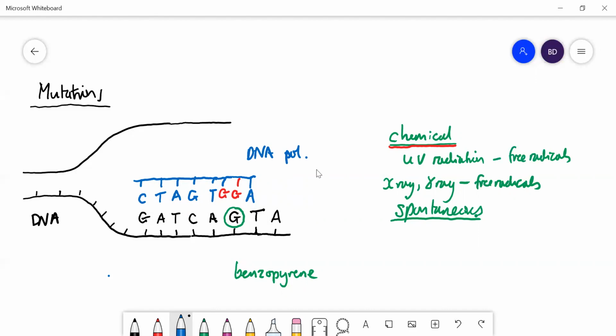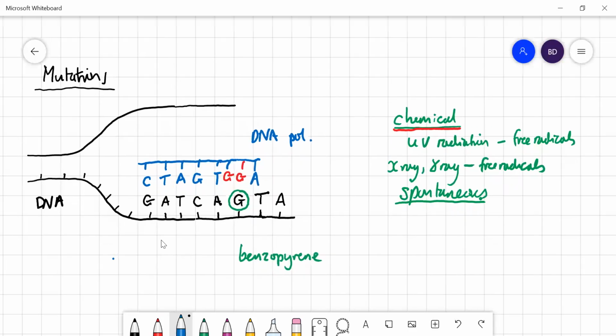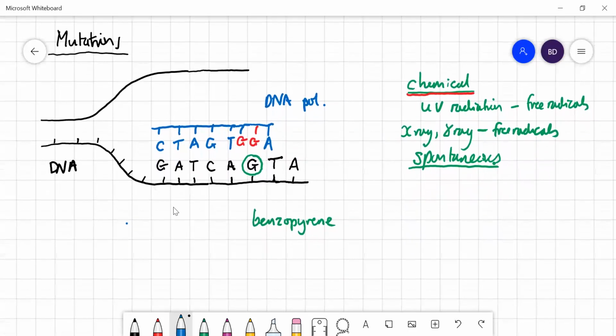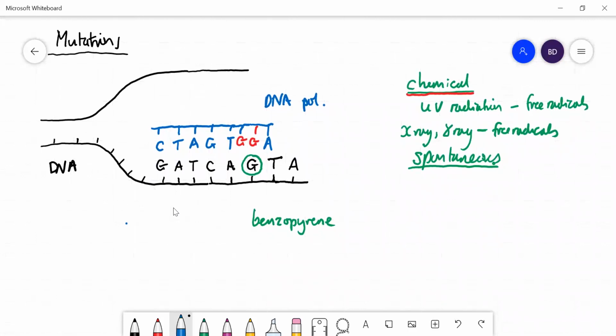So all of those things can change the base sequence in the DNA and cause a mutation. We're going to primarily look at mutations which affect the coding region. You're probably aware that a lot of DNA doesn't actually code for proteins, but let's see, if we get a mutation in the coding region, what can happen there.